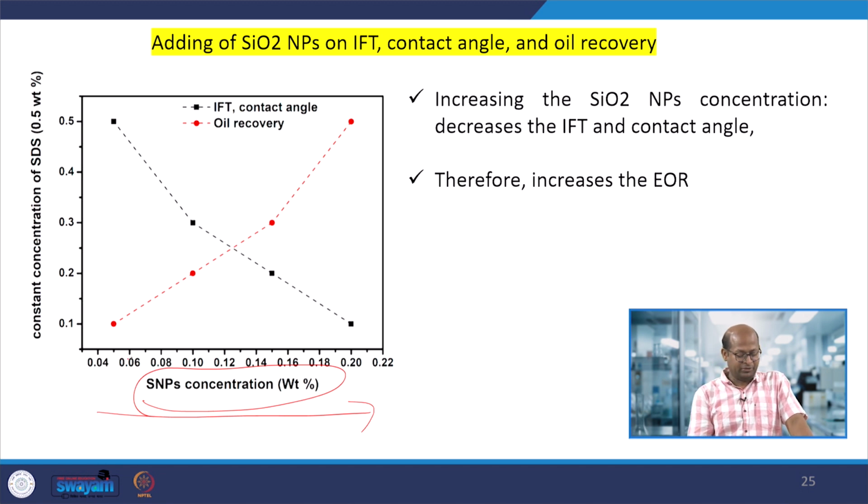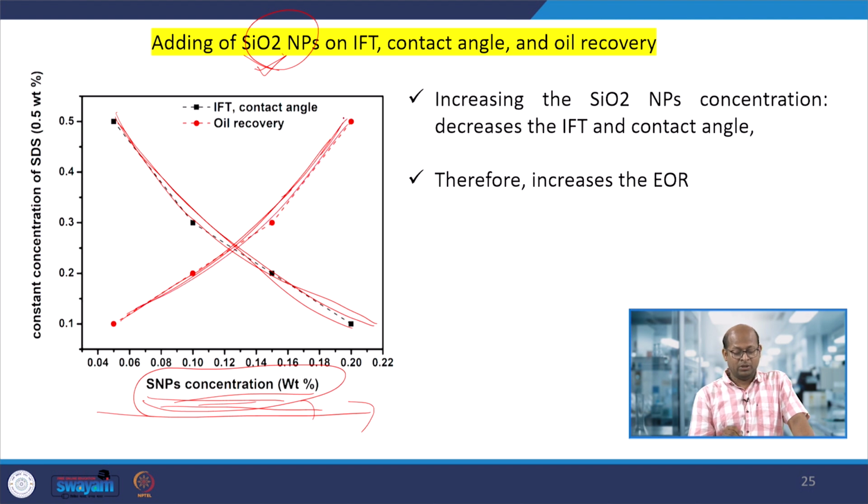It has been observed that as we gradually increase the concentration of silica nanoparticles, both the interfacial tension and the contact angle decrease. As a result, the oil recovery gradually increases. But we cannot use any concentration; we have to use the optimum concentration of nanoparticles. Otherwise, the nanofluid we have prepared would not be stable, and then it would not work properly.